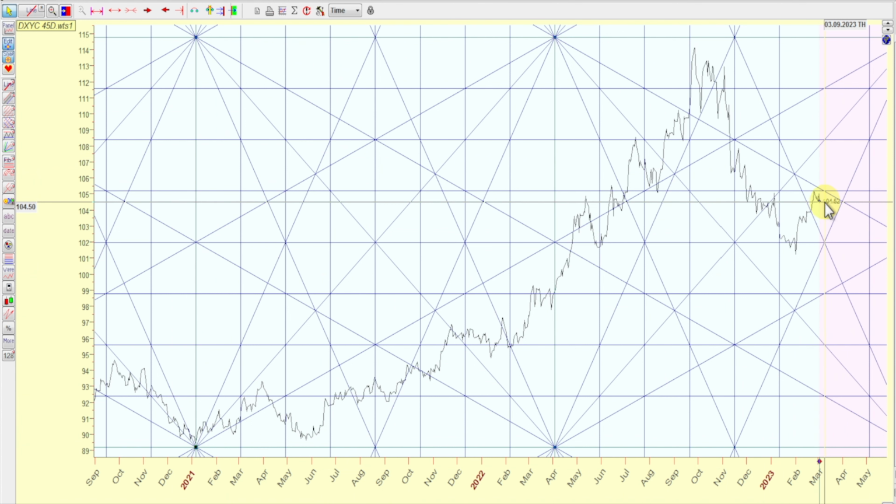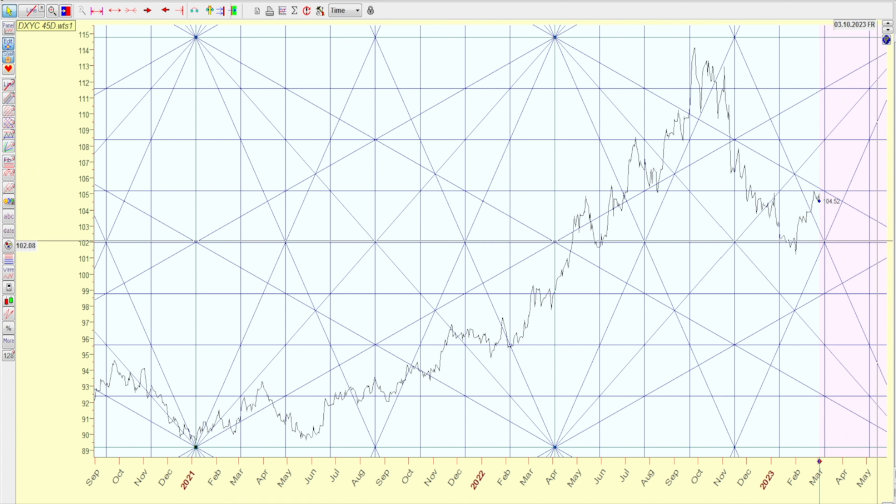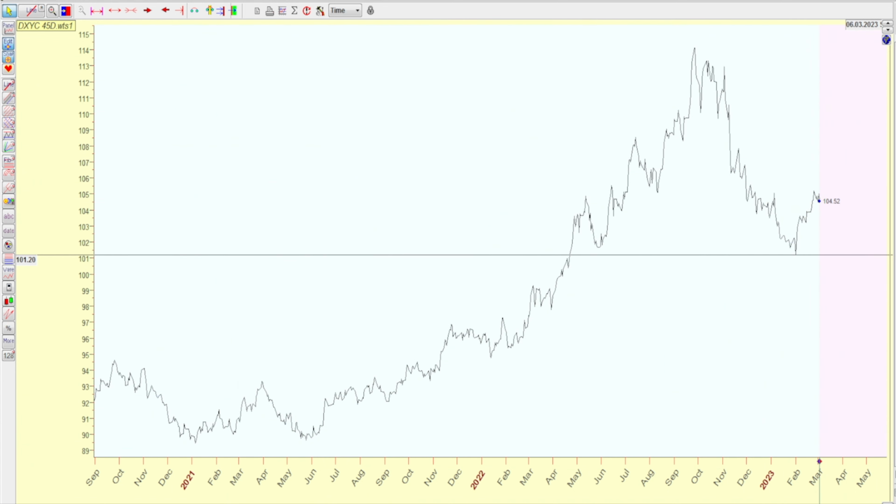And there's this vector point coming in, which is March the 9th. So that's a Thursday. Friday's the one that, on average return, sells off. But keep an eye on Thursday. Monday, Tuesday, Wednesday are typically bullish in the month of March.